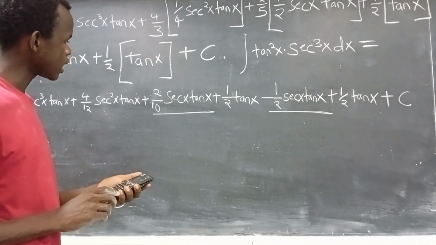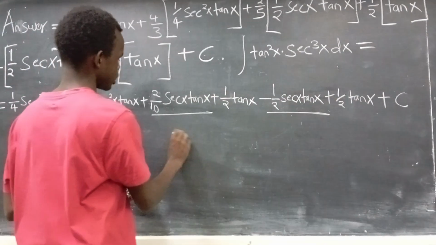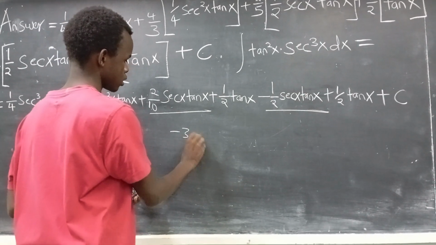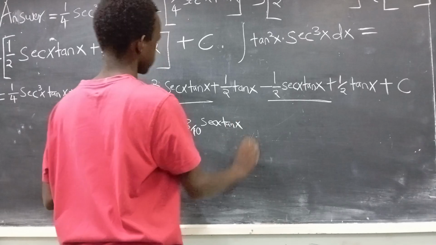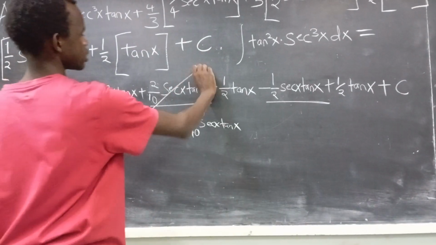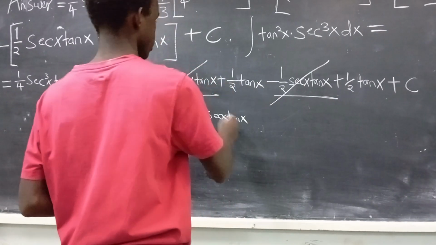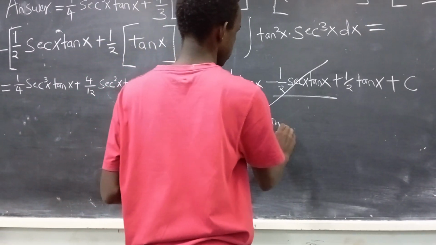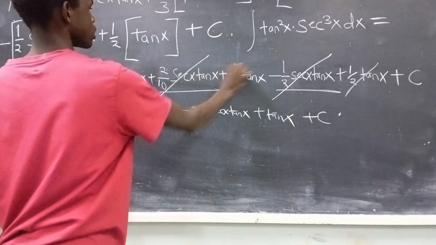I'll get my answer as negative 3 over 10. So I'll get negative 3 over 10 secant x tangent of x. So from there I'll be eliminating this, half and half, I'll get plus tangent of x plus c.